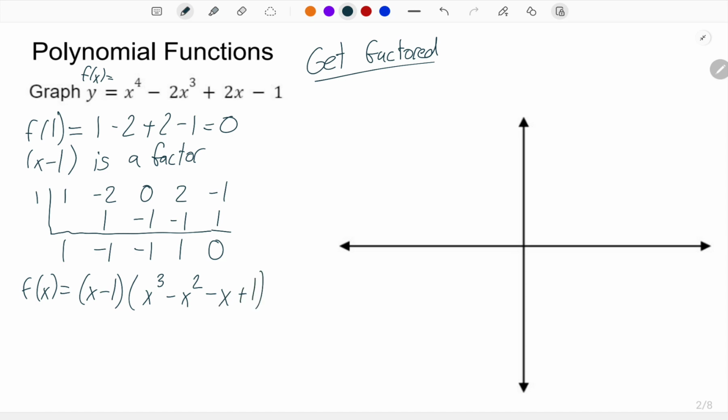And you might think factor theorem again. Yeah, that would work. But we can actually do this a little bit more efficiently. If we take a look at the outsides, you have a 1 and a 1, so 1 times 1 is 1. And the insides, -1 and -1 is 1 as well. So that actually means we can use grouping, because we're looking at the outsides and the insides.